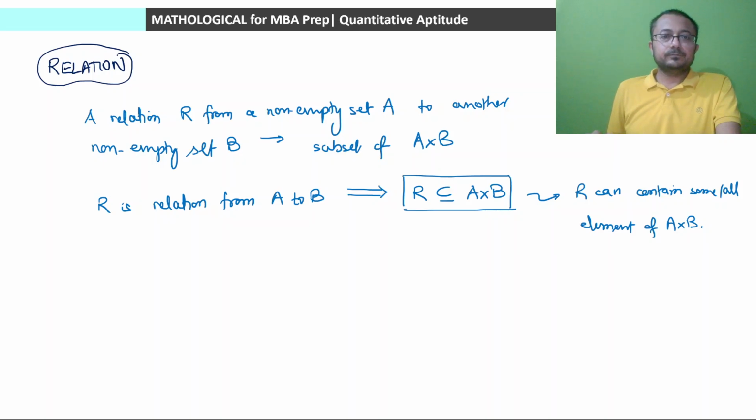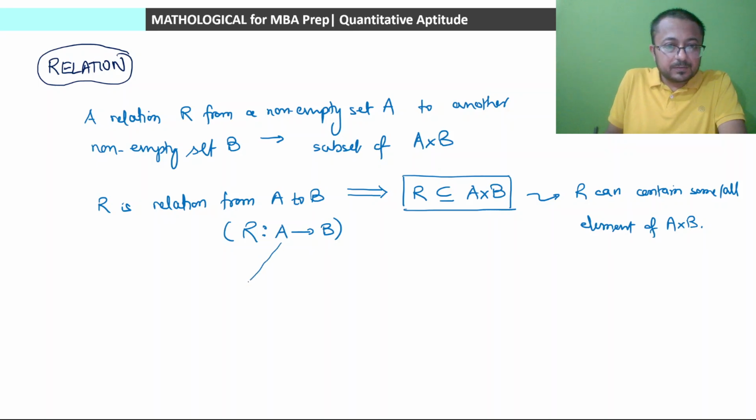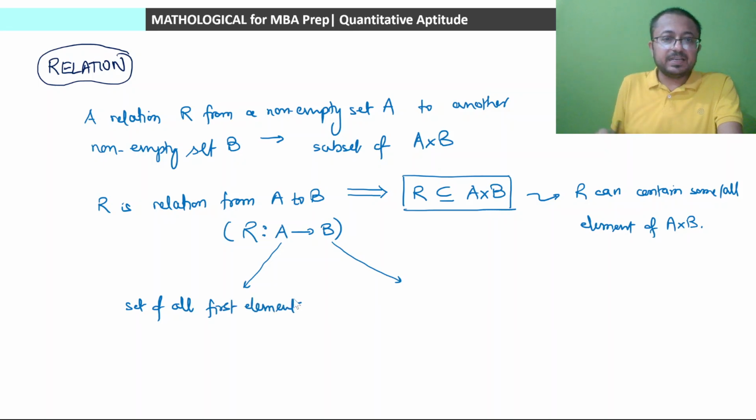Okay, clear? And this is written mathematically as that R is a relation from A to B. That is why arrow is from A towards B. ठीक है, A is our first set and B is our second set, from A to B. The set of all first elements in the ordered pair, they are called domain.